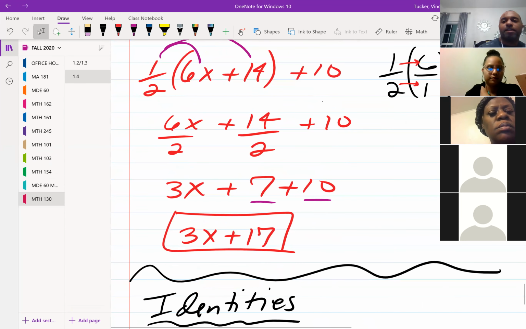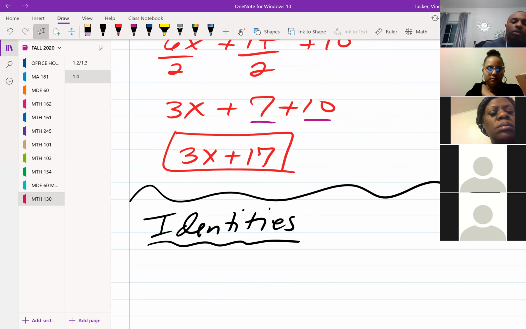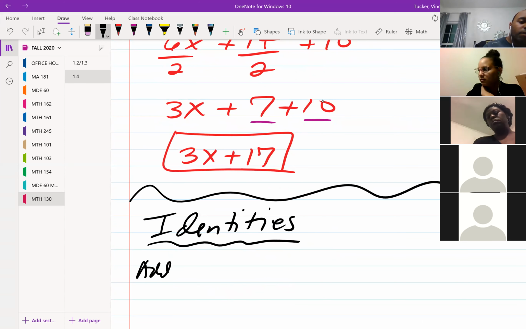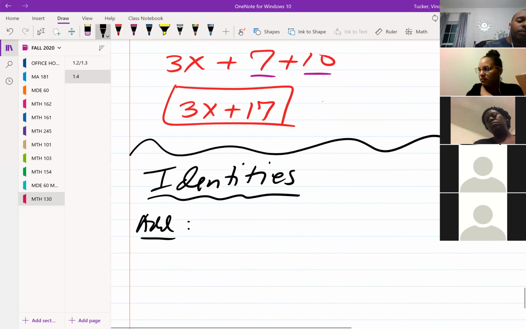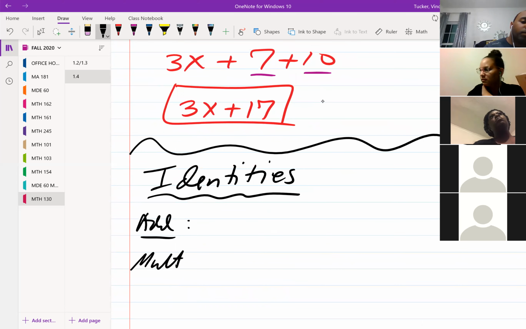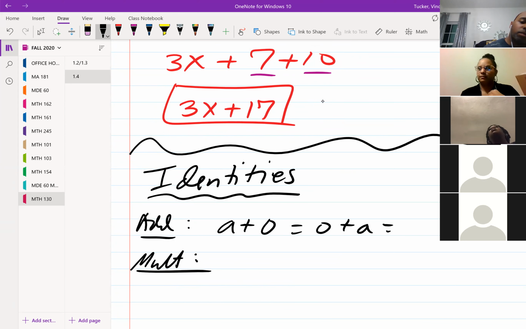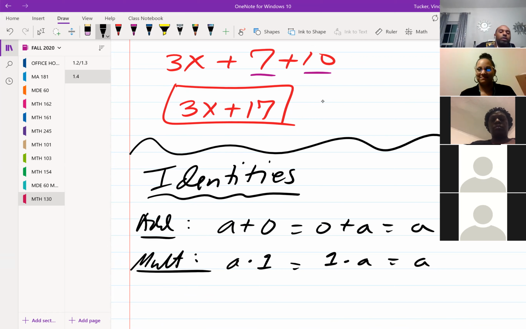All right. So looking at our identities for addition and multiplication. Your identities for addition and multiplication: a plus 0 or 0 plus a will still give you a.